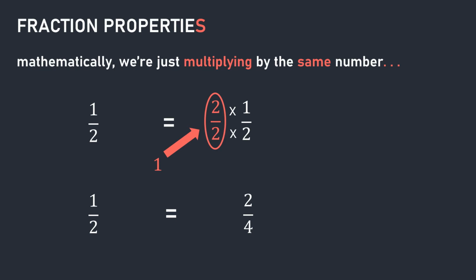And so I haven't broken any math rules by simply multiplying my original fraction by 1. So moving on, the way to multiply a fraction is to multiply the numerators by each other and the denominators by each other. So we have 2 times 1 equals 2, and 2 times 2 equals 4, giving us 2 over 4. And so both of these fractions, the top fraction and the bottom fraction, equal each other.